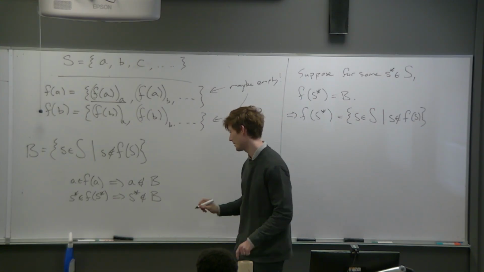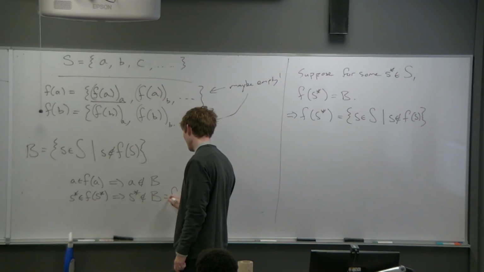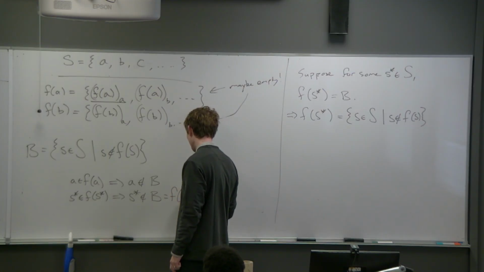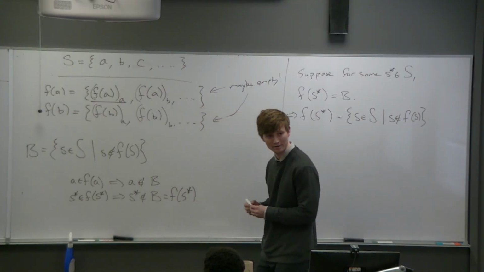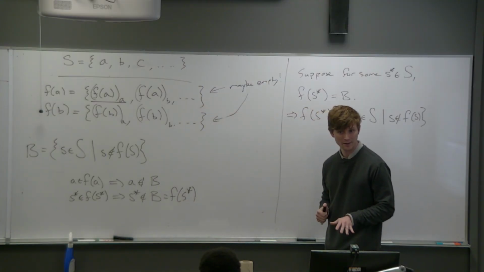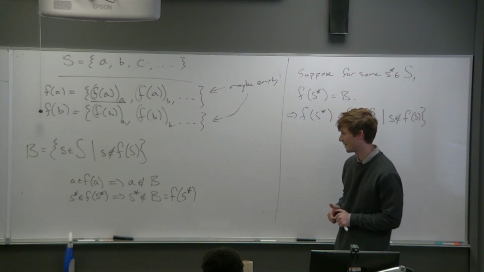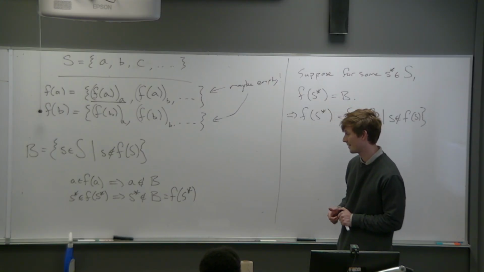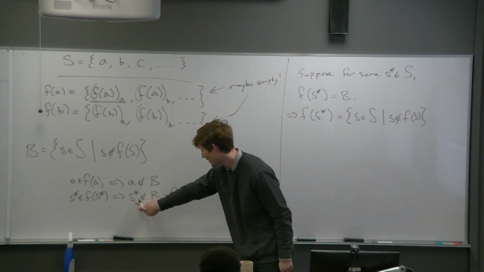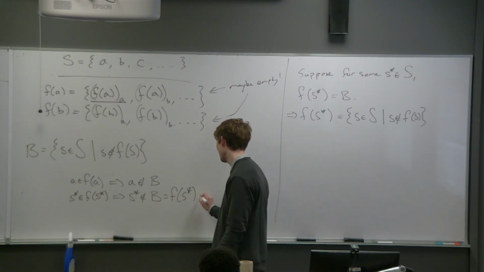But B is equal to, yeah, f of S star? So what's the big deal? S is then S is not. S star is not in B, which is f of S star. Sorry, that's what I meant.